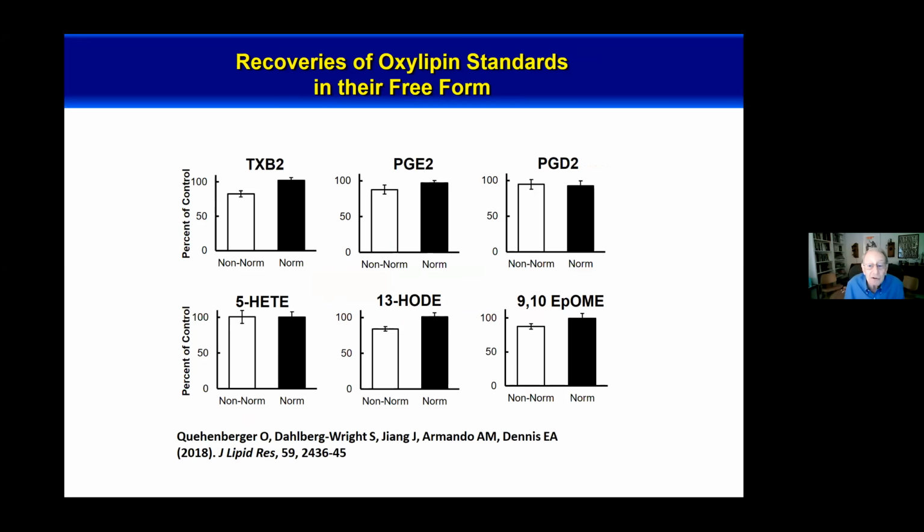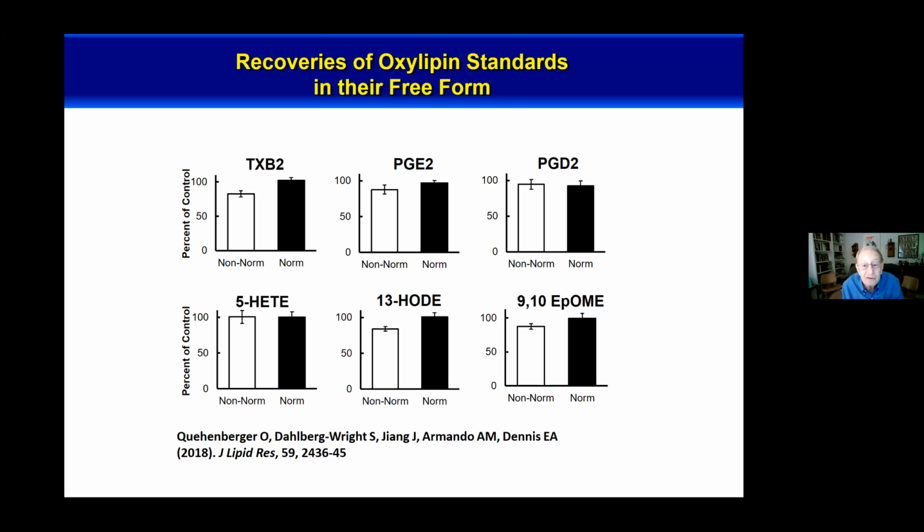If we look at it in more detail, I want to start by looking at free oxylipin standards in their free form. When we look at free oxylipins against our internal deuterated standards, we have some minor losses in extraction for some of them that are normalized by the internal deuterated standard that we use and have calibrated in our standard curves.